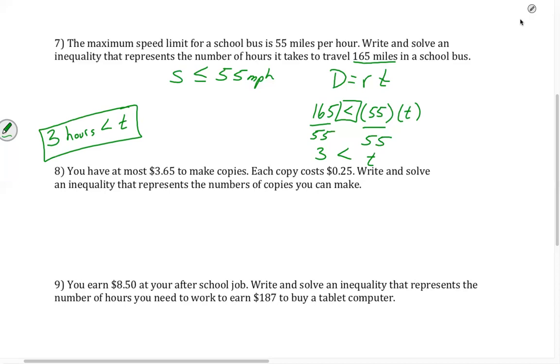So going back here in the middle, we have our distance is 165, right? And we're going to divide that by 55. Oop, forgot the equal to. So we're going to divide that by 55 to get our time, because D equals RT, and distance divided by rate is our time.